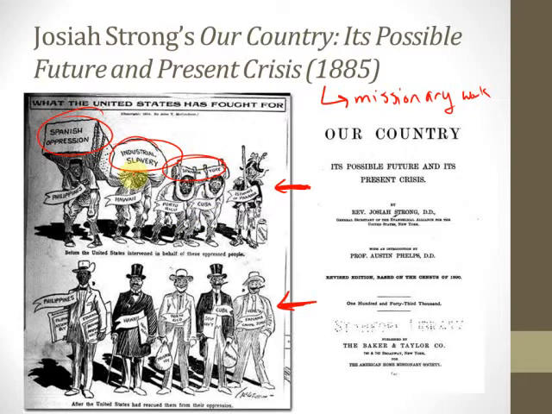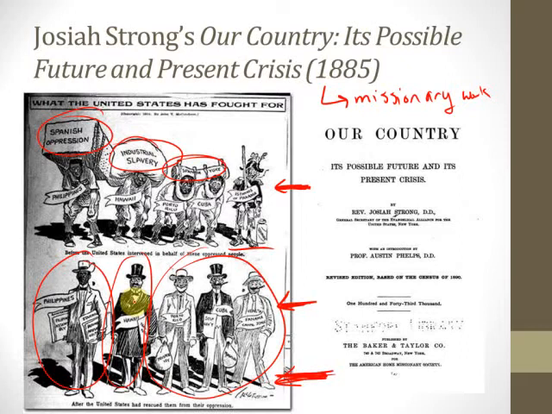But after we expand, my goodness, look how good they look. The Philippines is doing well, Hawaii is very civil, as are Puerto Rico, Cuba, and Panama. So again, this is what we fought for, to spread this religion, and look how civilized they've become because of the religion we brought for them. Does everyone kind of get that part?